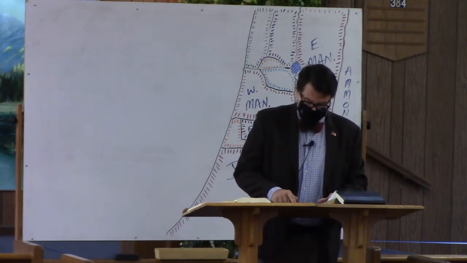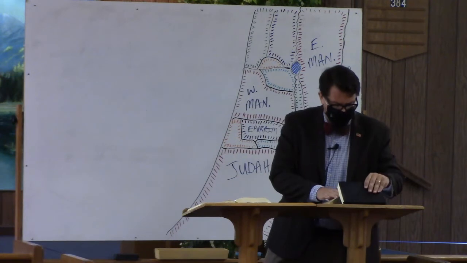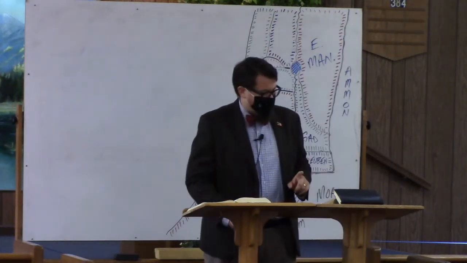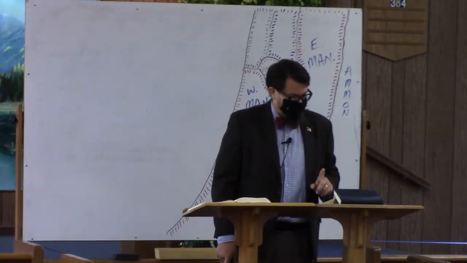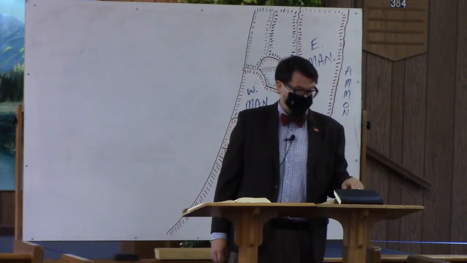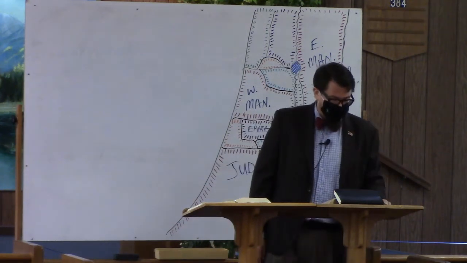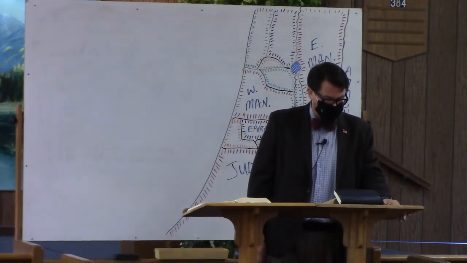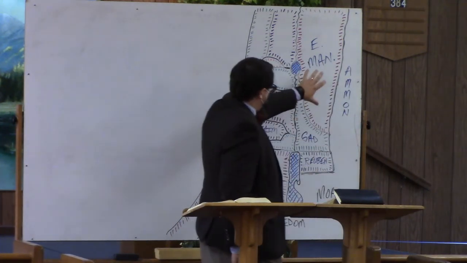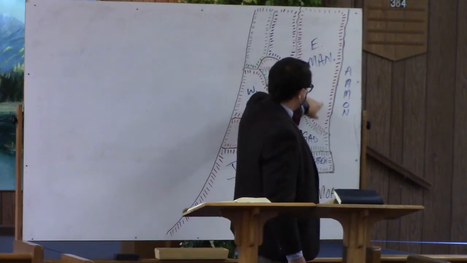All right, we need to notice here that the text begins by reminding us of the inheritance on the east side of the Jordan. To Machir, the firstborn of Manasseh, the father of Gilead, were allotted Gilead and Bashan. We're talking about this territory over here.